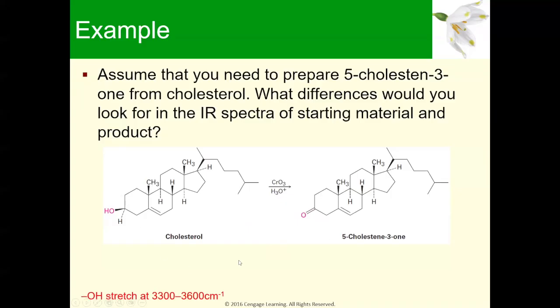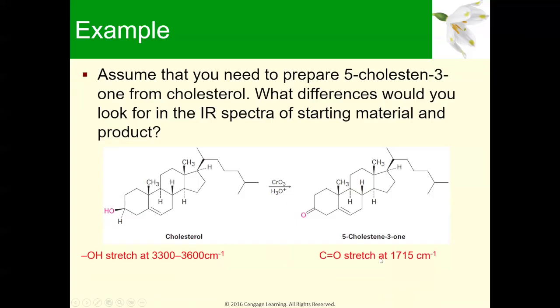And if you see the OH stretch in the spectrum, then the reaction didn't work. Maybe something went wrong, because you would see that broad peak between 3300 and 3600 from the alcohol, from the OH. But if you did see that carbonyl stretch, the C double bond O stretch at around 1715, that's the evidence that you're looking for, that you converted the OH into the carbonyl, the C double bond O, okay?